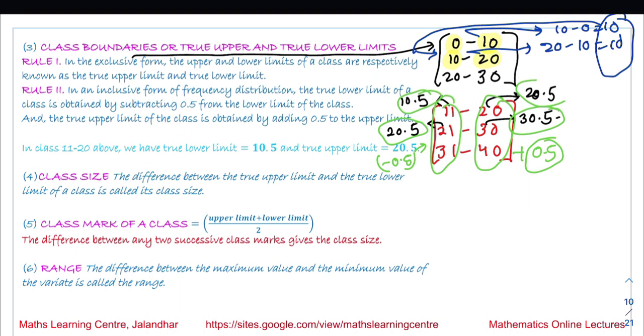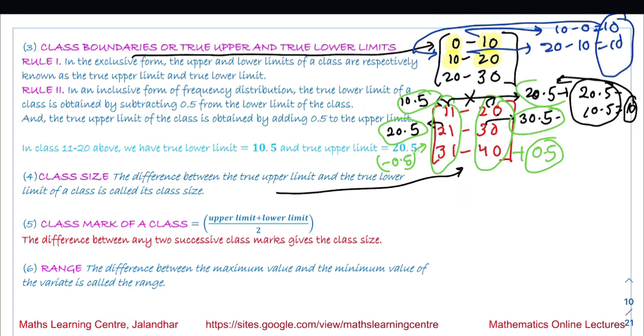In the inclusive form, the class size is calculated as 20.5 minus 10.5, and that is equal to 10. It is not 20 minus 11, which is 9. This is not the class size. The class size is calculated from the true upper limit minus the true lower limit, and here it is 10. That is called the class size.